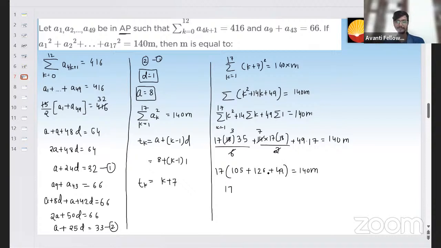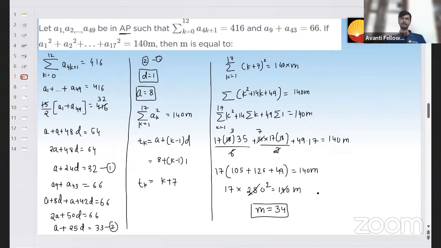So this means 17 into, adding 9 plus 6, 15, 0, 2 carry, and so on, and 280 equals 140m. So basically m is 2. I got my answer. Clear and simple.